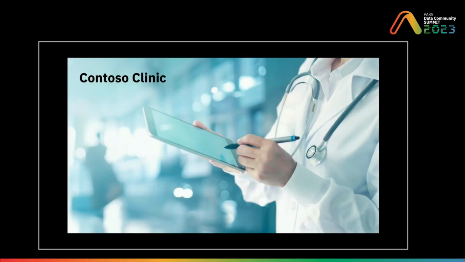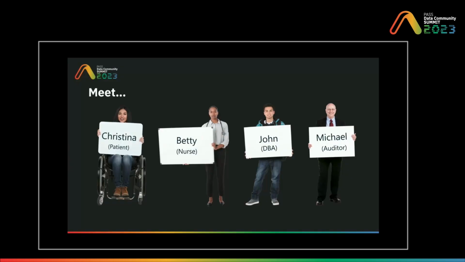Let's imagine we're all in a hospital, right? And we're in Contoso Clinic, and Contoso Clinic is using an application to store patient information, quite sensitive information, and we need to make sure that data is tamper-proof. So they're using an application called Patients Hub. And for this demo, I'm going to use 4 different types of people.